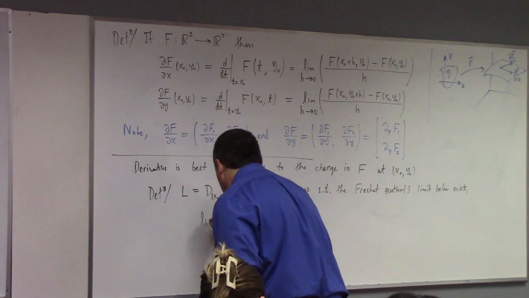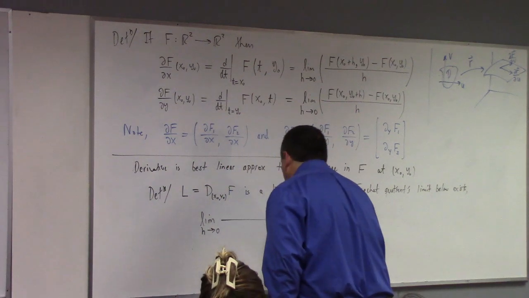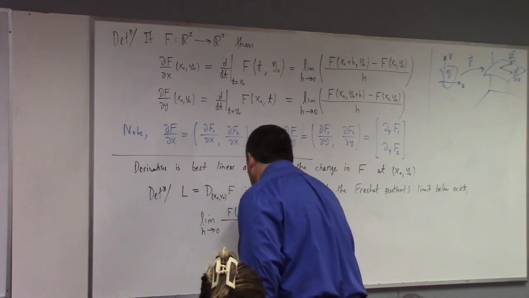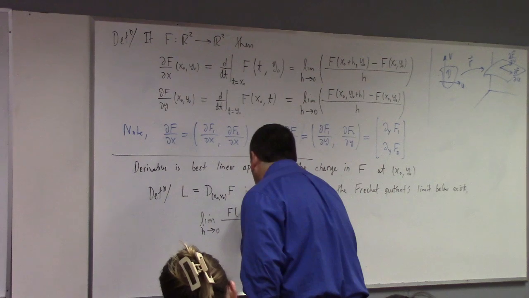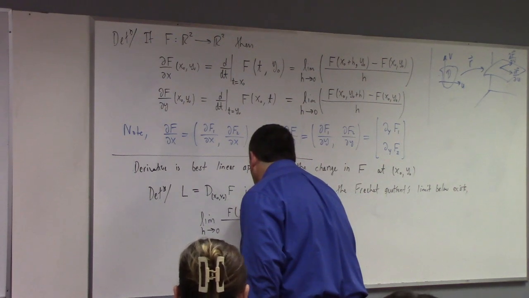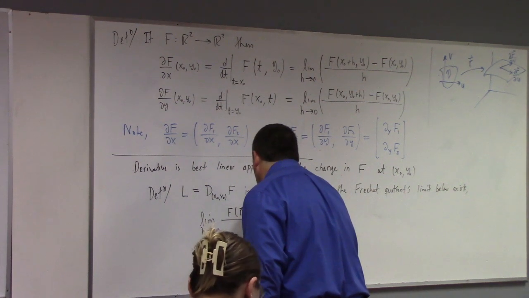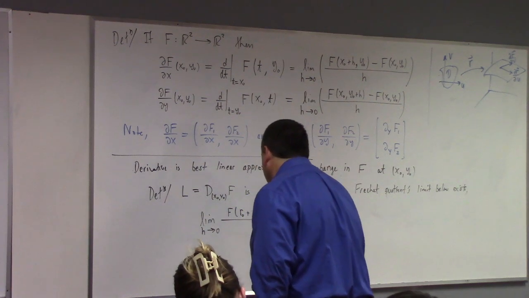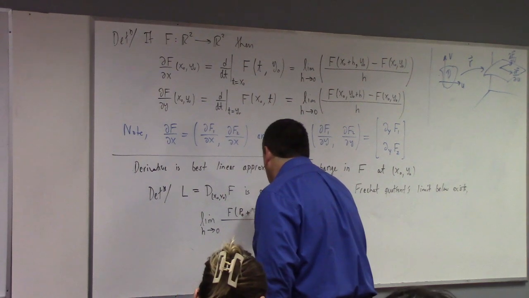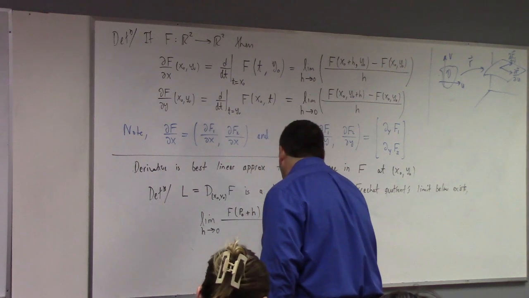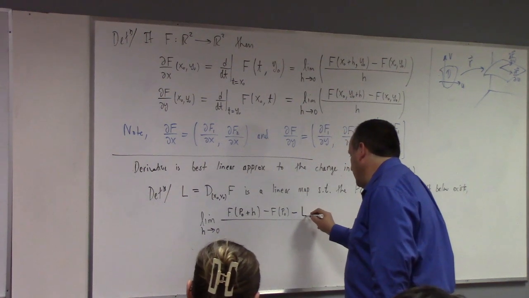Here's the limit. We take the limit as h goes to 0 of f of p sub naught plus h, minus f of p naught, minus L of h. I'll use p because it's easier.